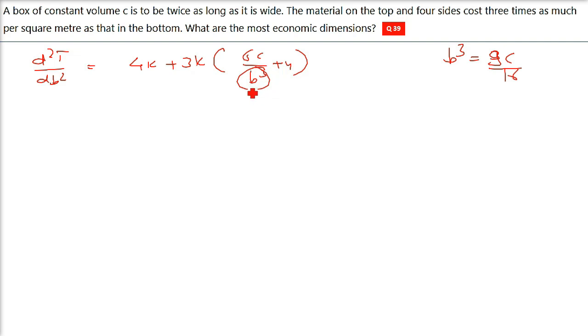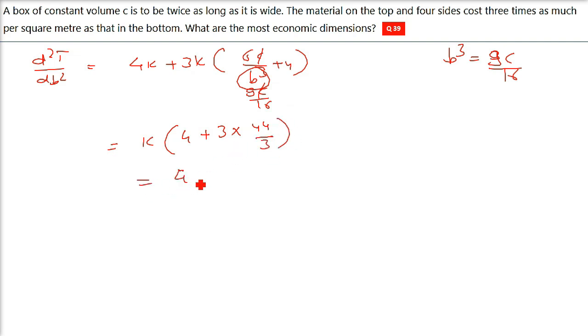In place of B cube, write 9C by 16. You just have to check the sign. If you want the economic dimension, that is the least, and least means minimum, for that you need a positive value.